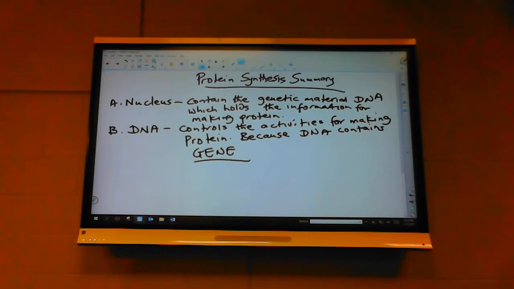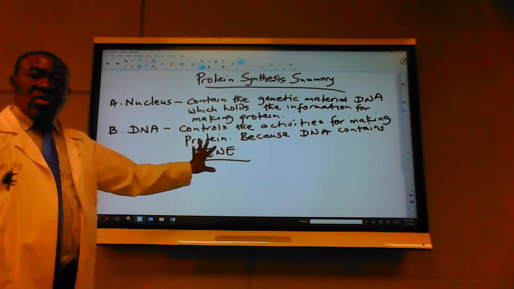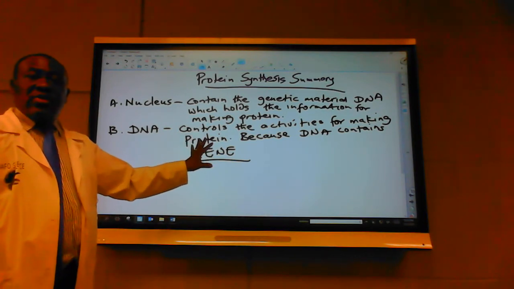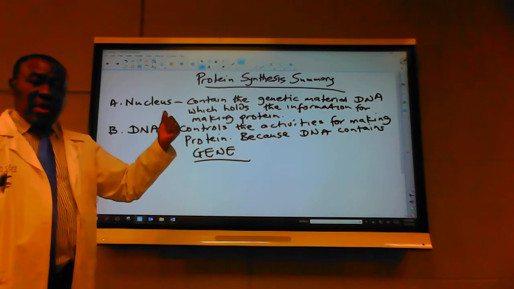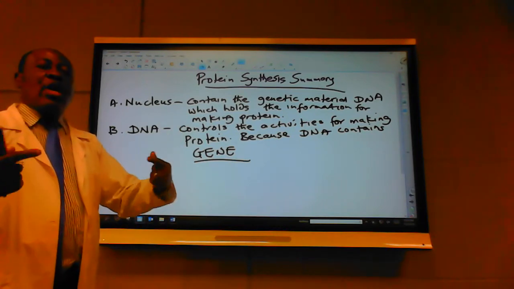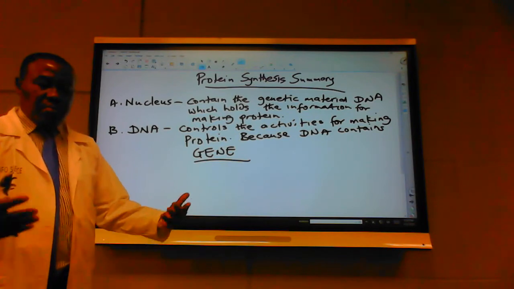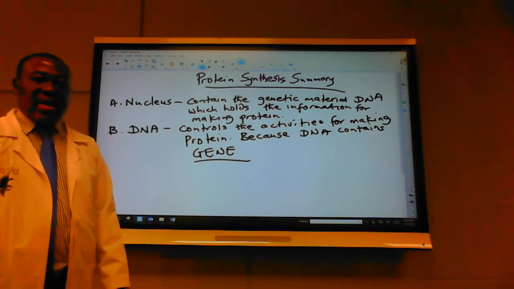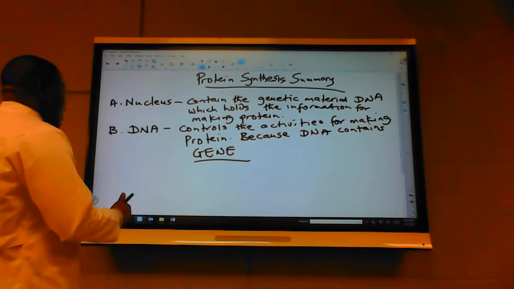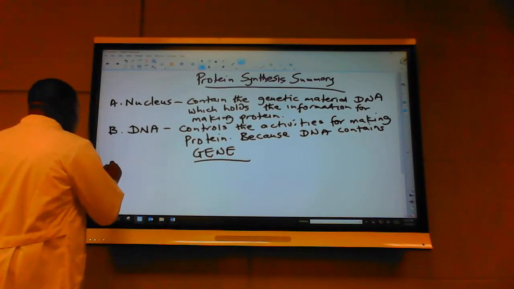Why not the ribosome? Why not mitochondria? Why not chloroplast? Why not other structures in the cell? Well, because the DNA contains genes. And genes have the information to give the code to combine different types of amino acids.